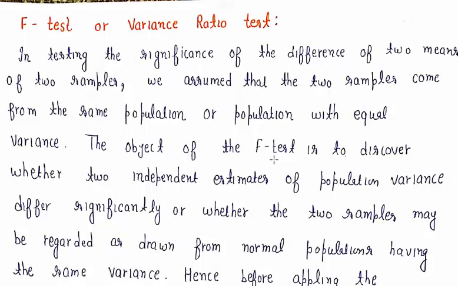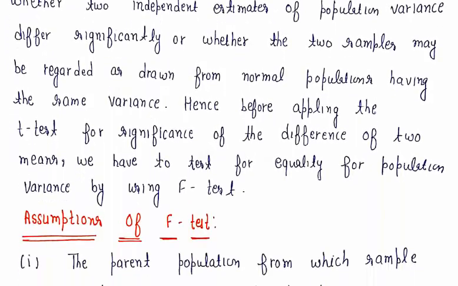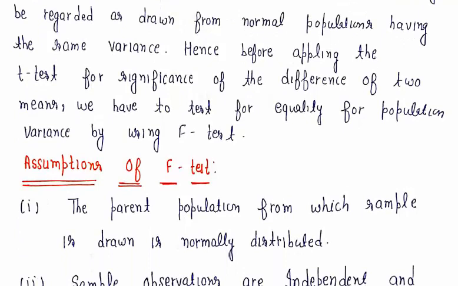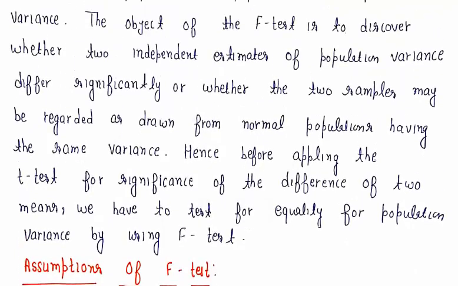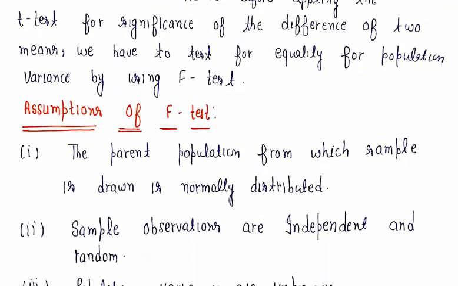So basically the F test is related to variance equality. In the F test we check whether normal populations have the same variance or not, or whether independent estimates of the population variance differ significantly. The F test is basically related to the variance of a population or the variance of a sample.